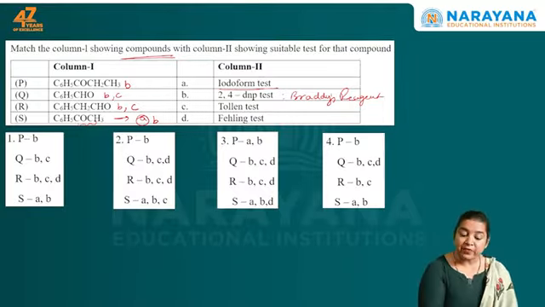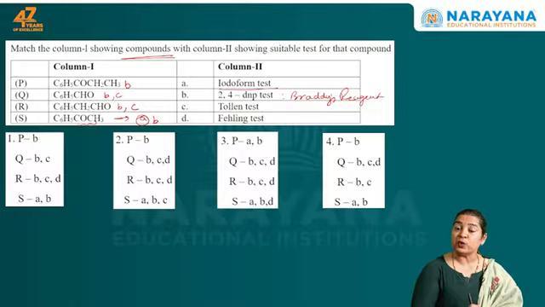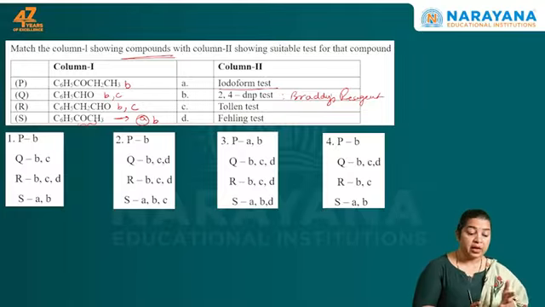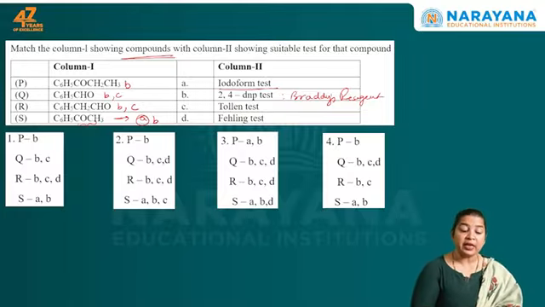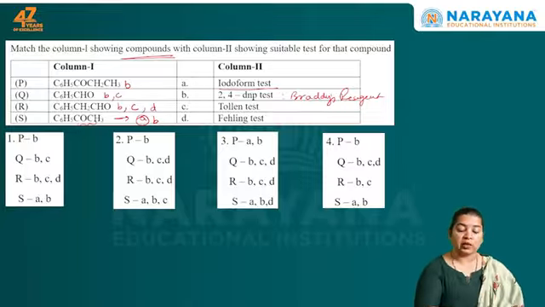Next comes the Fehling. Fehling is also the test for aldehydes, but very important point, aromatic aldehydes fail to give Fehling test. And Q, yes, being an aldehyde, we might expect it to give Fehling, but it is an aromatic aldehyde, so it will not give, whereas this will give.